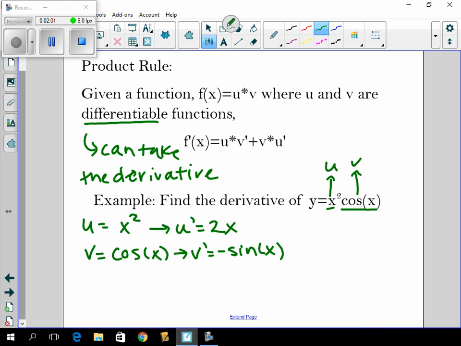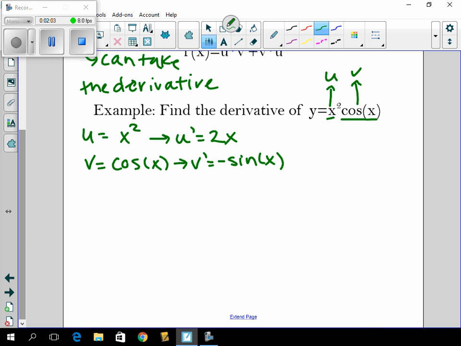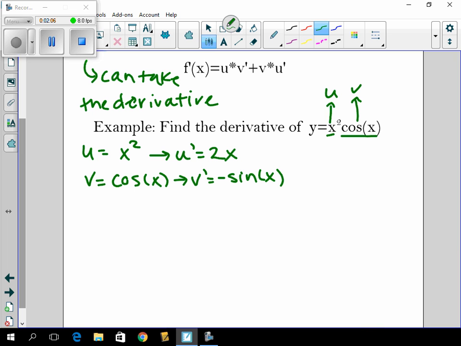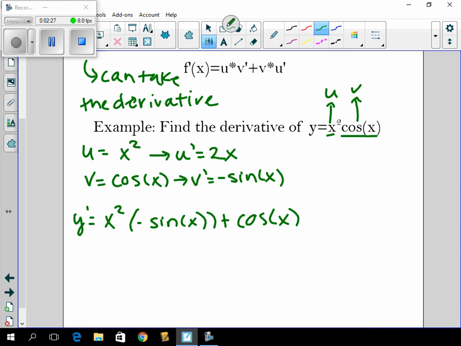So now that I have my u, u prime, v, and v prime, I'm just going to plug it into my formula. y prime, the derivative of our function, equals x squared, my u, times v prime, negative sine of x, plus v, cosine of x, times u prime, 2x.